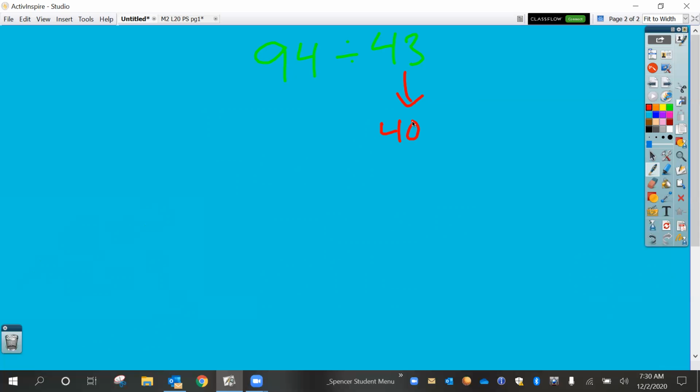Now, if we think about that as 4 tens, 40, 80, 120, which one of those is going to be closest to 94? Yeah, it's going to be 80, right? Because 120, 3 groups of 4, would be too many. 80, which is 2 groups, is going to get us closest.